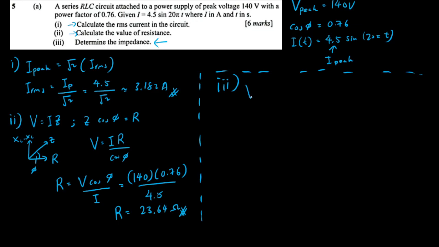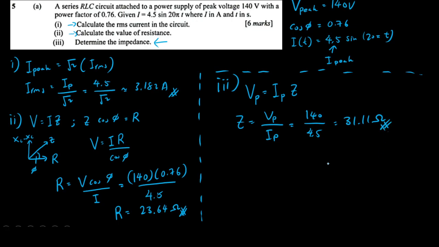So again, I have V peak equals I peak times Z. Z is just the impedance, so Z equals V peak over I peak. V peak is 140, I peak is 4.5. I'm left with an impedance of 31.11 ohm. Alright, and that's done.